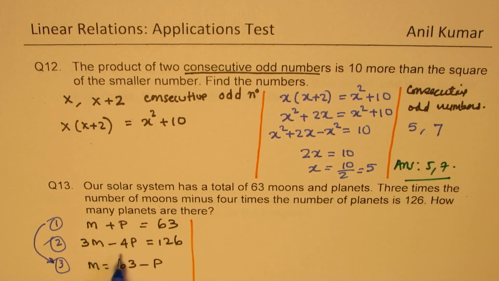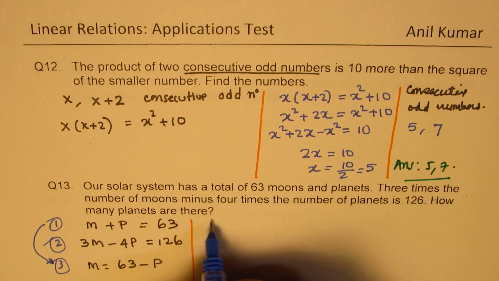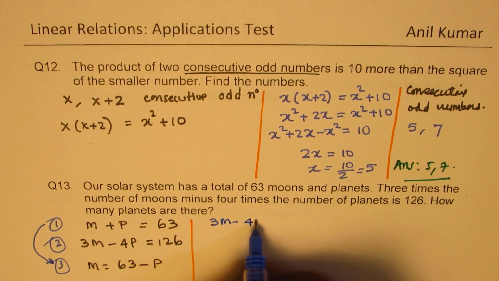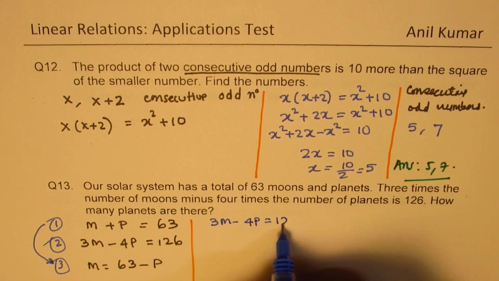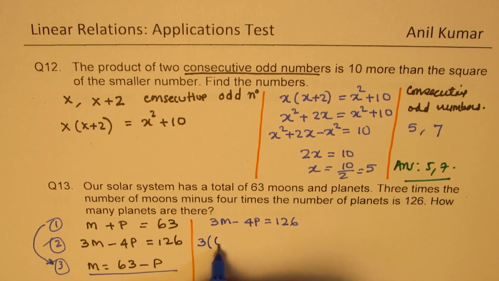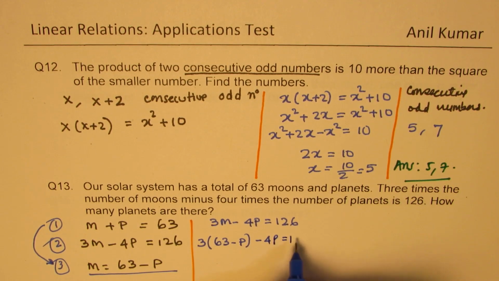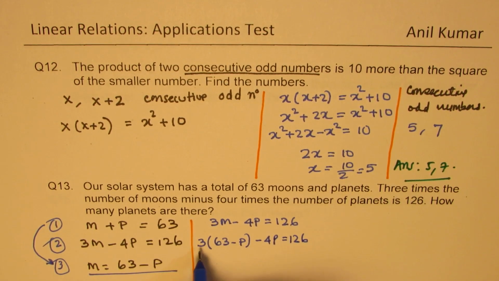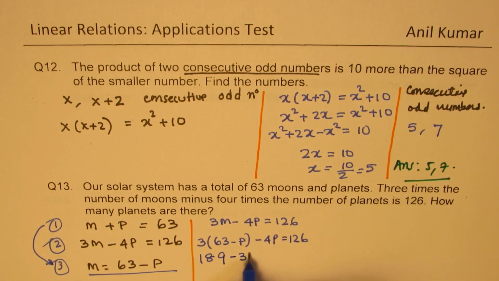So, now we have 3M minus 4P equals 126, and we know M is 63 minus P. So we'll substitute this value here, right? So we can write 3 times (63 minus P) minus 4P equals 126, correct? Open this. 3 times 63 is 189, minus 3P minus 4P equals 126.